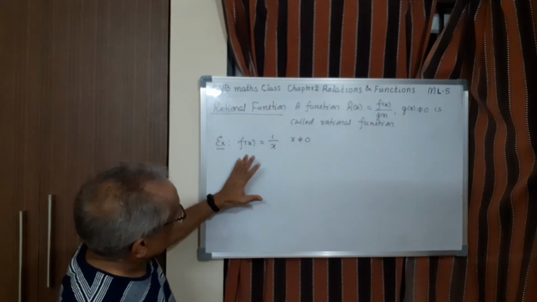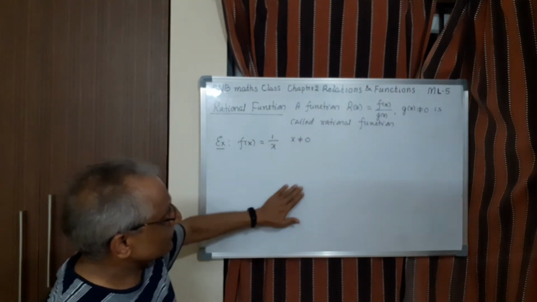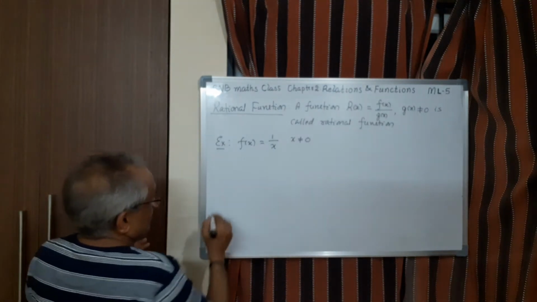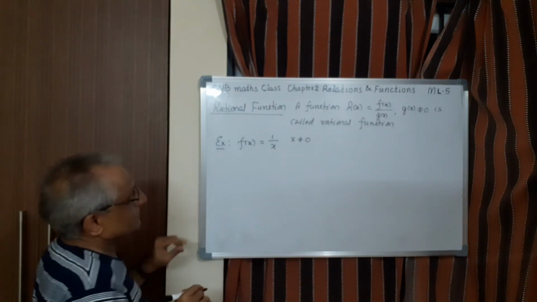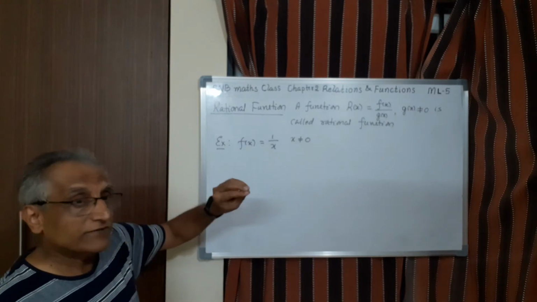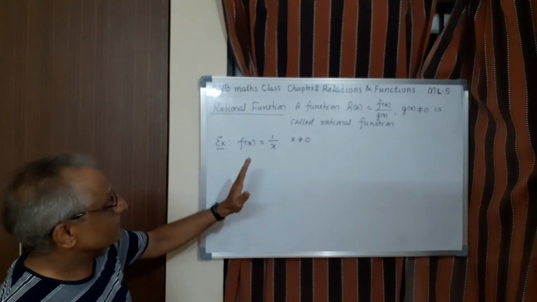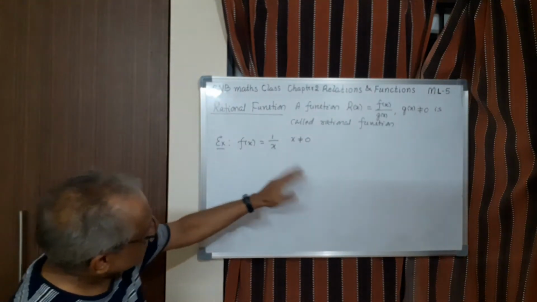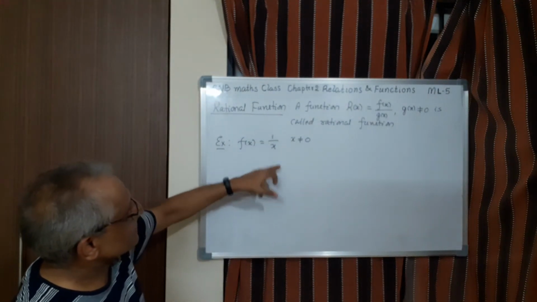Let us try to draw this graph. So as I told you, whenever you want to draw the graph, first you have to prepare the table. So here the difficulty is this: if you take only a few values, say for example 1, 2, 3, 4, 5, you will get only fractions, because 1 by 2, 1 by 3, 1 by 4.